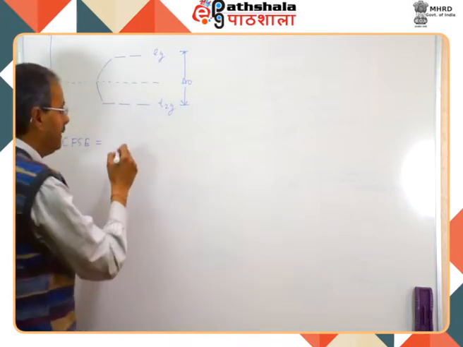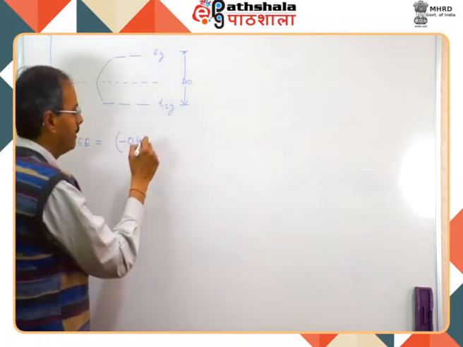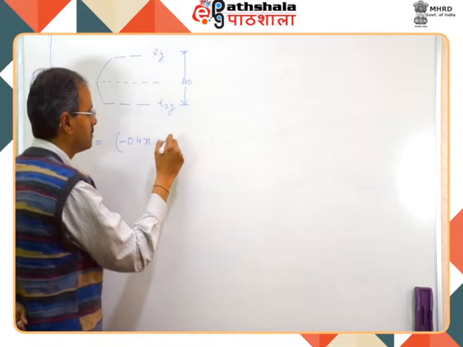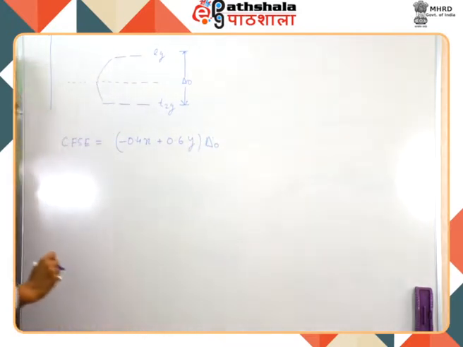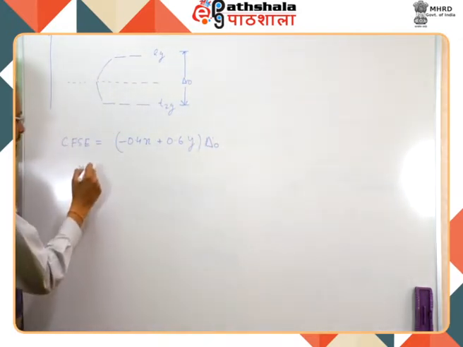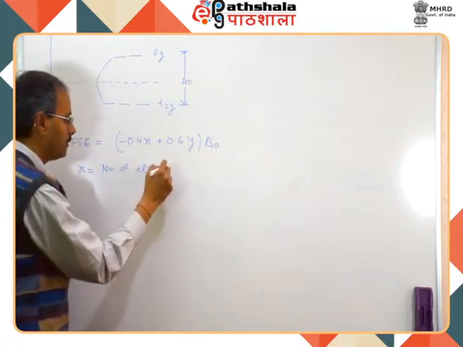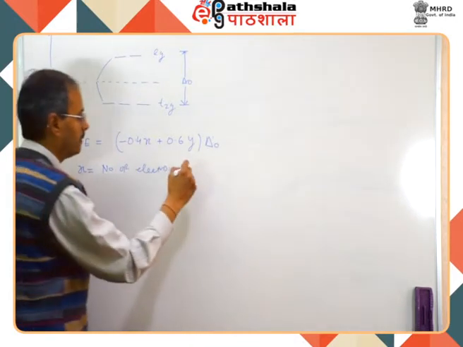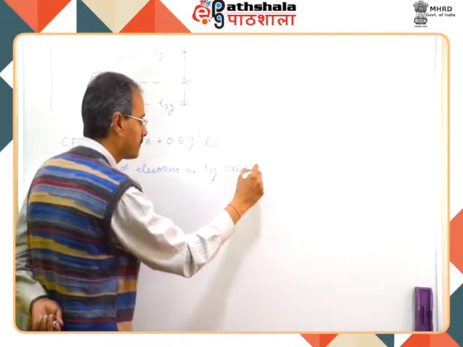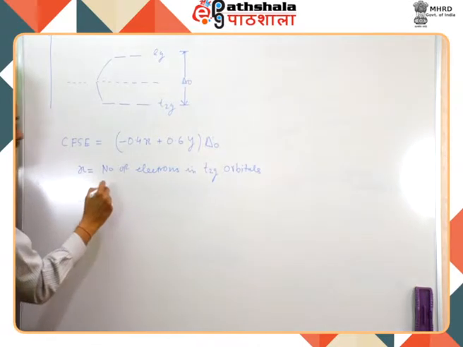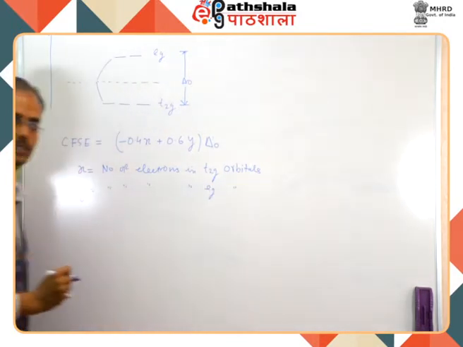So this can be explained as minus 0.4 x plus 0.6 y in the octahedral splitting, where x is the number of electrons in T2g orbitals and y is the number of electrons in EG set of orbitals.